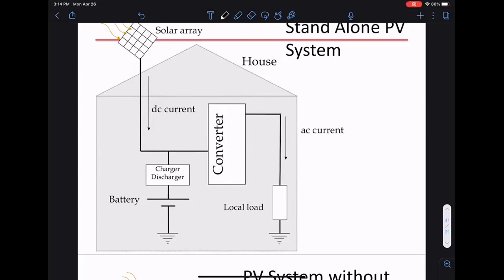So for a single home, probably not. It doesn't make that much sense to avoid this DC to AC conversion. Whereas if you're running a data center or you have an electric vehicle, you really want to extend the range of the vehicle, let's say by 40 miles, that makes sense to really think carefully about how many converters you need.